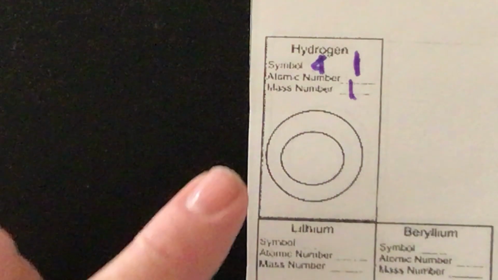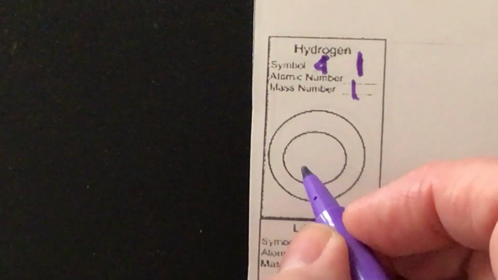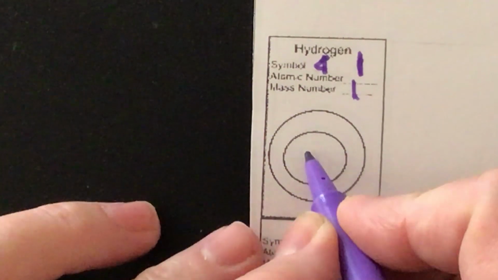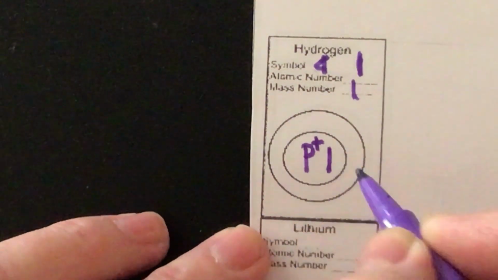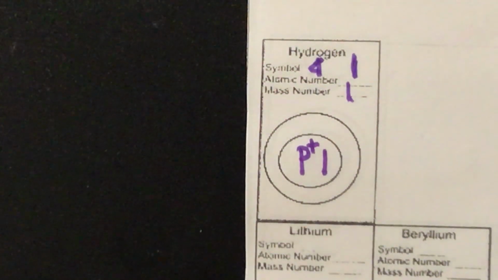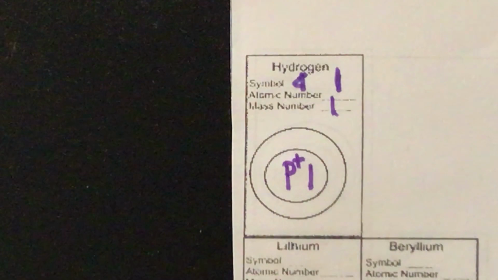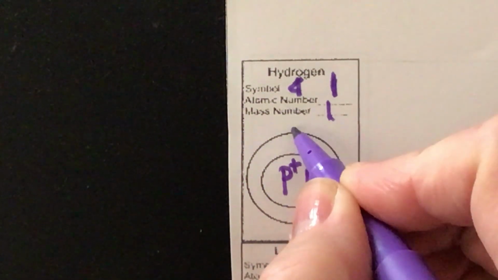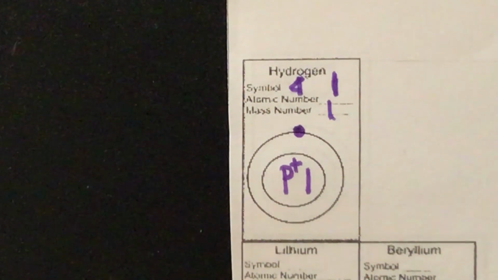Now, inside the nucleus today, we're only going to put the protons, because I want to show you something. So protons are 1. If we have 1 positive proton in the nucleus, how many electrons are out there? We have 1.